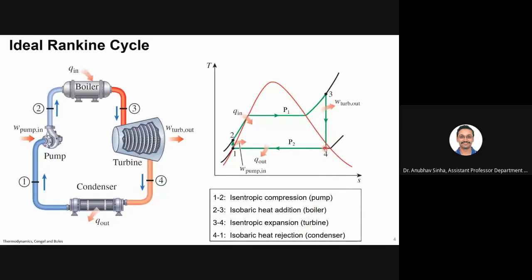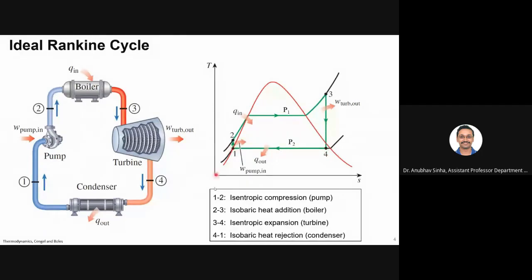So we try to make the expansion in such a way that it just finishes. When it exits the turbine, it is near the saturated vapor region. It has a small percentage of liquid, which is at 0.4. Now this mixture is passed through the condenser, so it goes like this.